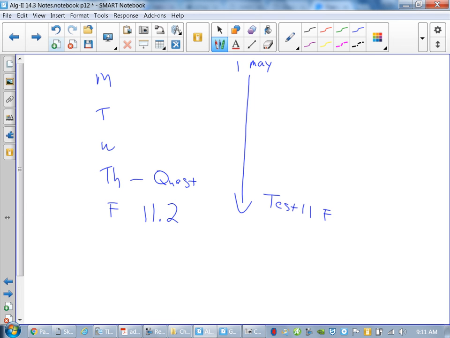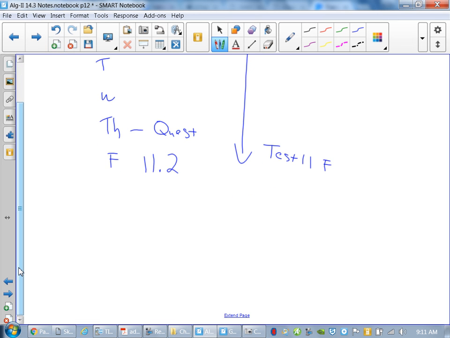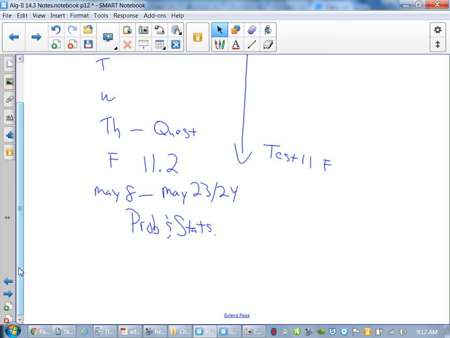And then the week of the 8th, we'll finish out probably around May 23rd or 24th with probability and stats. That gives me a good solid 4 to 5 days of review for the final. That's kind of where I'm looking at.